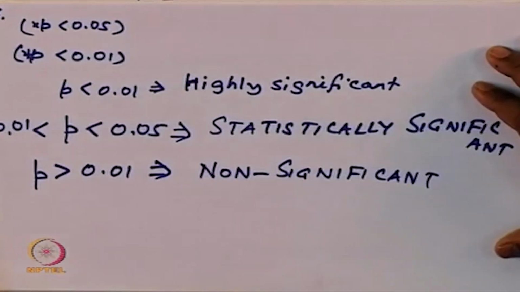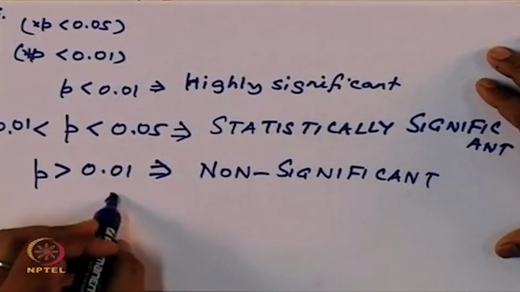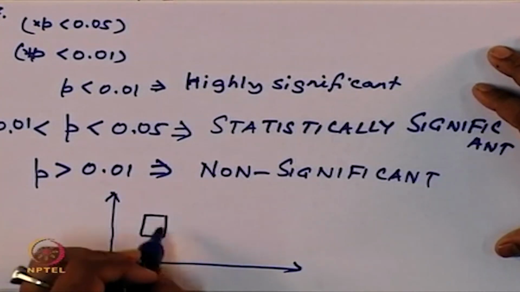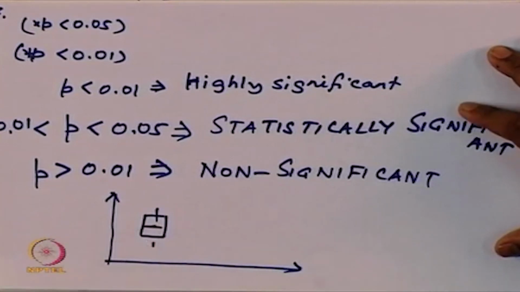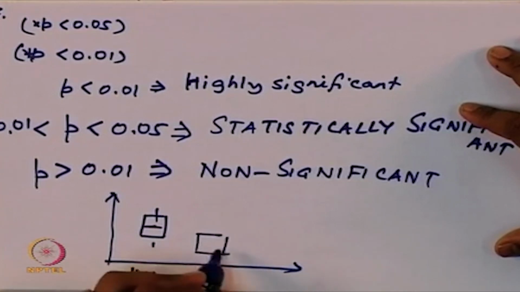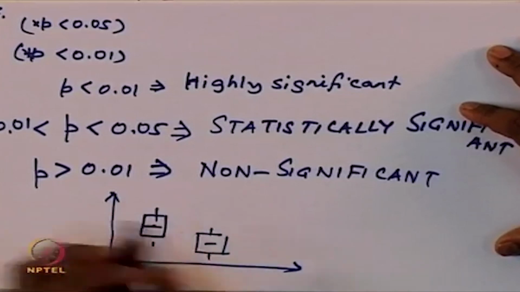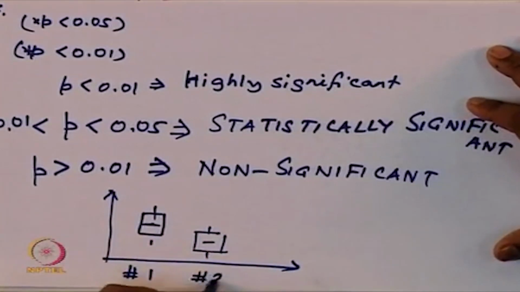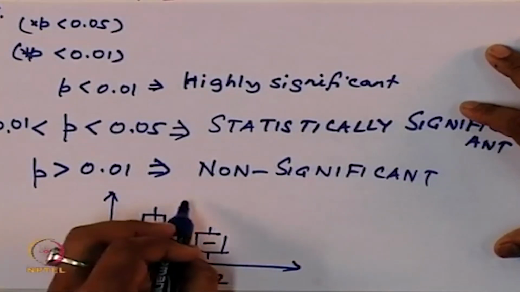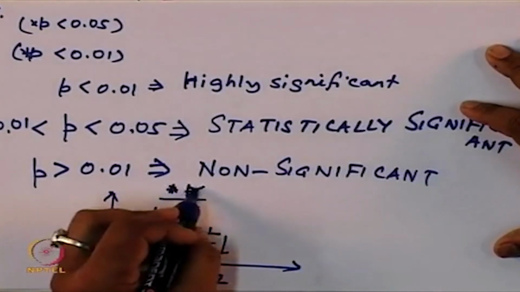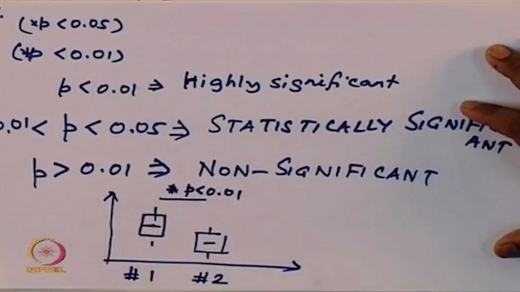If you look at plots, you might see them represented as follows. Let us imagine this is the data for one particular condition, condition number 1, and for another condition, condition number 2, you have some metric here, and it will be shown as star p less than 0.01.